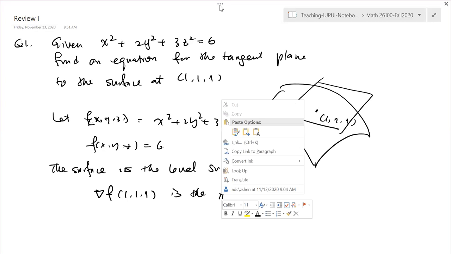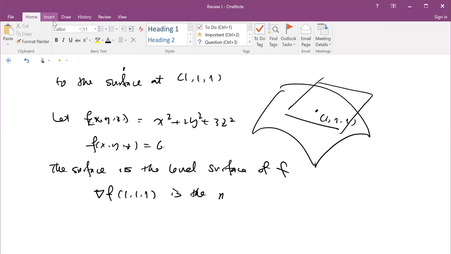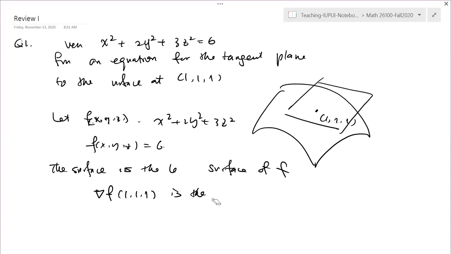It's perpendicular, at least. It's not necessarily a unit vector, but it's perpendicular to the surface, to the tangent plane, actually.